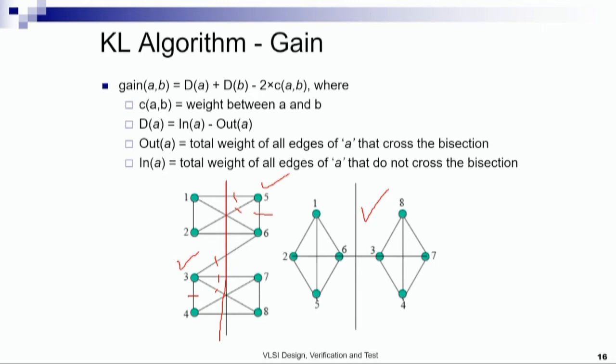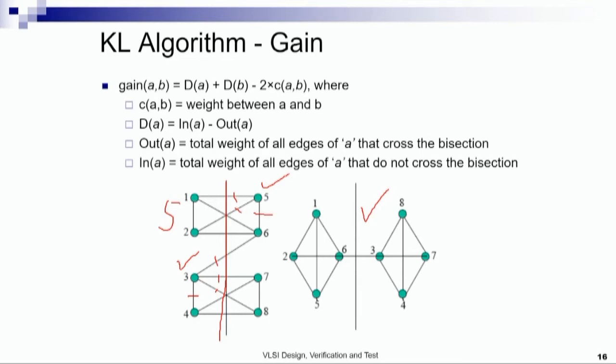And then we exchange these pairs. So what happens? Whatever was an in edge becomes an out edge, and whatever was an out edge becomes an in edge now. So 5 goes this side, 3 comes this side. Now 5's out edge will be 1 and its in edge will be 2, so the changed dA value will now be plus 1.